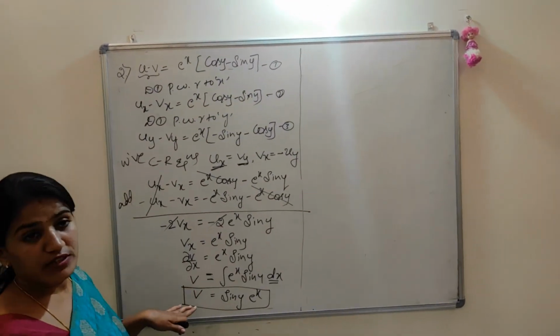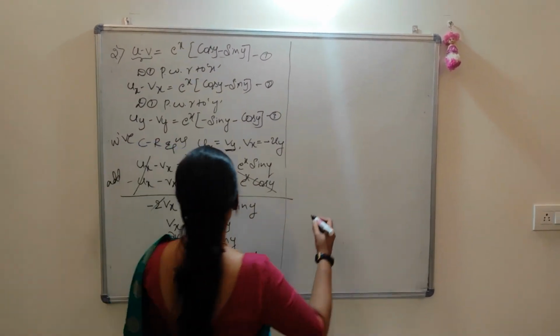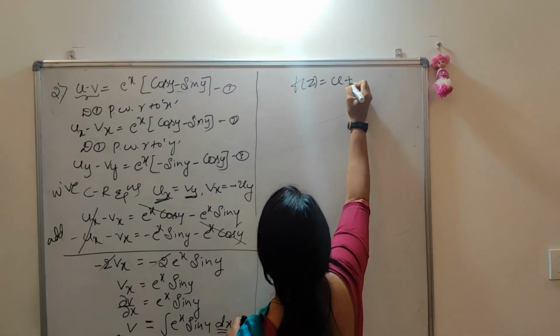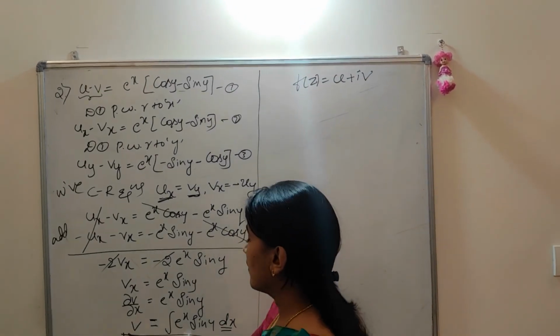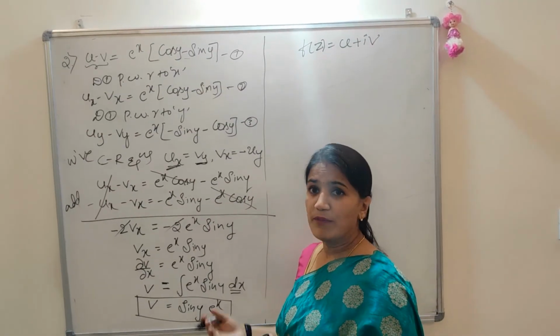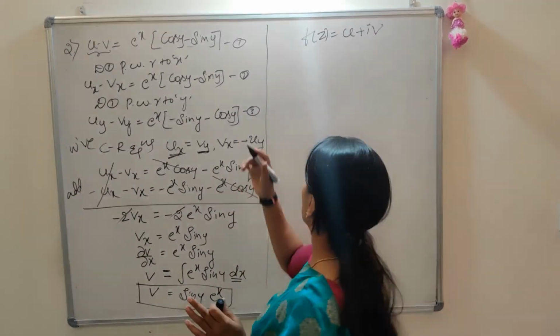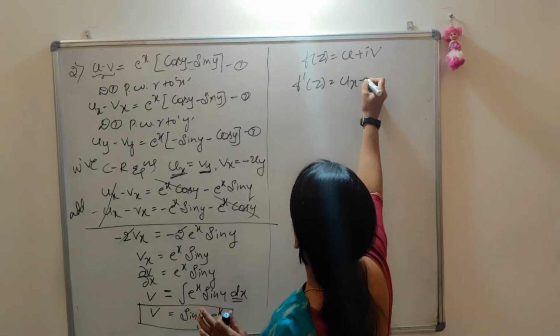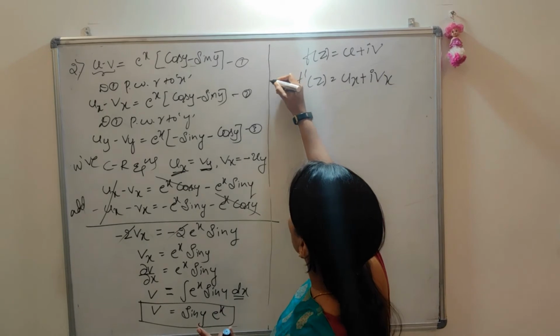So after having the imaginary part, we need to find the analytic function, that is f of z is equal to u plus iv. But we have only the imaginary part. We can find the real part by using the Milne-Thomson substitution, that is f dash of z is equal to ux plus i vx. This is the formula.